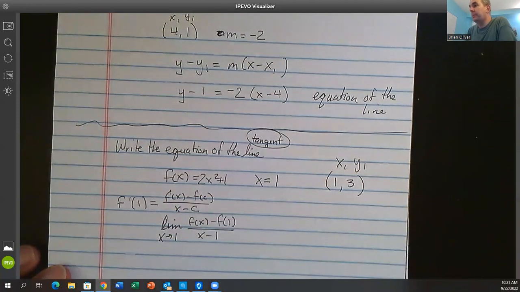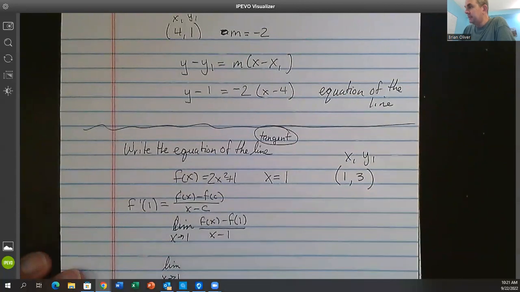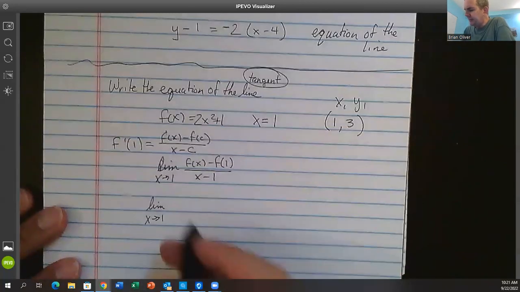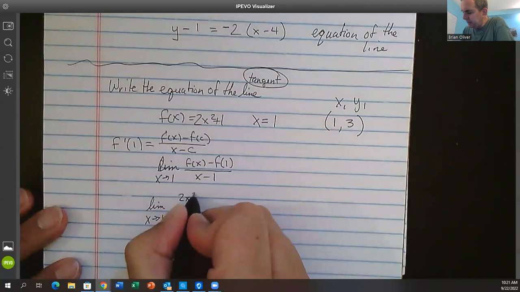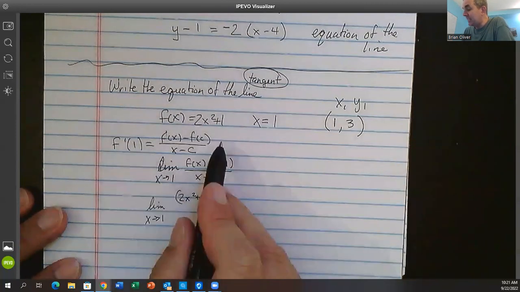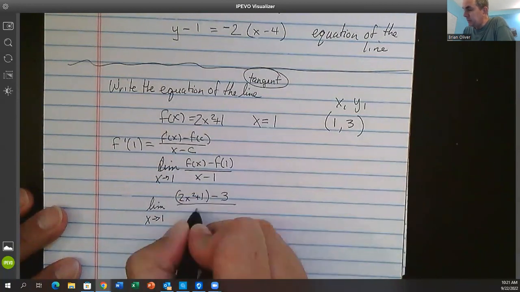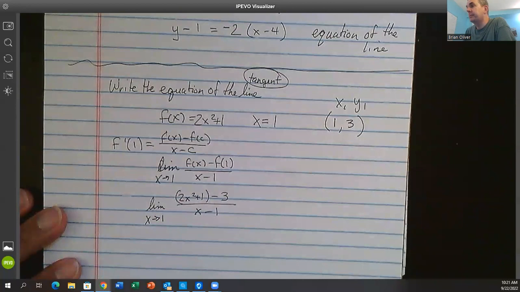This will give me my slope. I know what f of x is, 2x squared plus 1. I'm going to subtract what f of 1 is, which is 3, and put that whole thing over x minus 1.